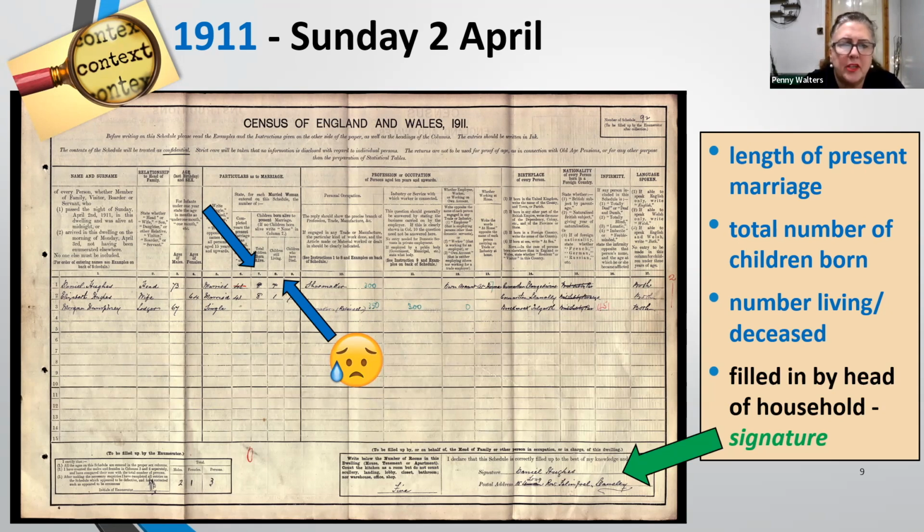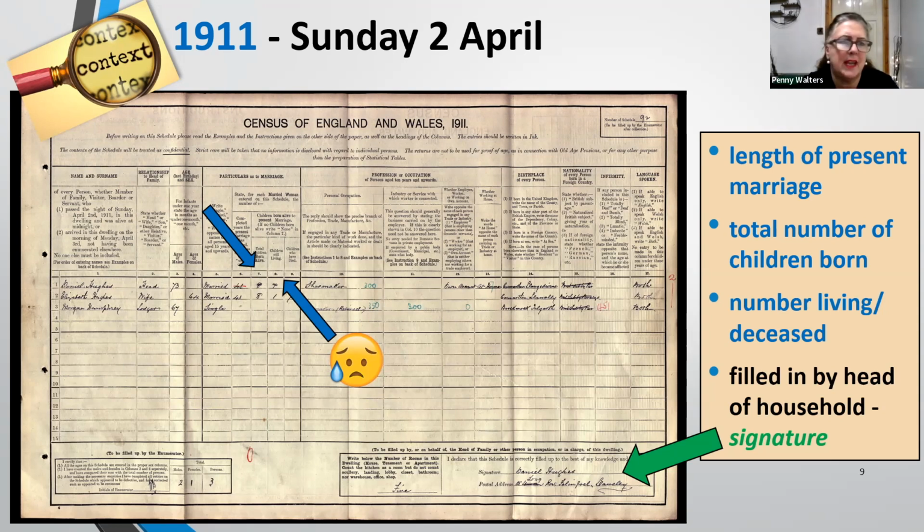However, I think I'd be traumatized standing at the door giving this bit of paper back, because the next question was the cheerful question: how many children are alive and how many are dead? Well, that's going to break everybody's heart filling in that question. And what we can see in this example is that this couple have been married for 41 years.